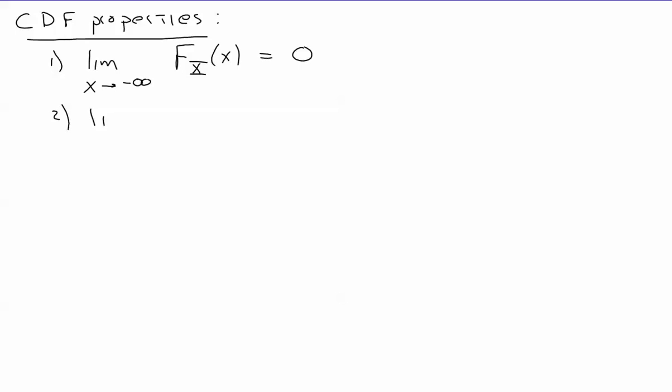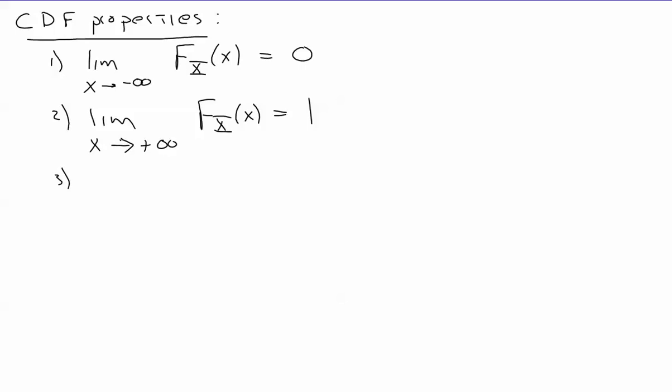The limit as x approaches positive infinity of my cumulative distribution function is exactly 1. All right? My cumulative distribution function always approaches 1 as the argument gets arbitrarily large.